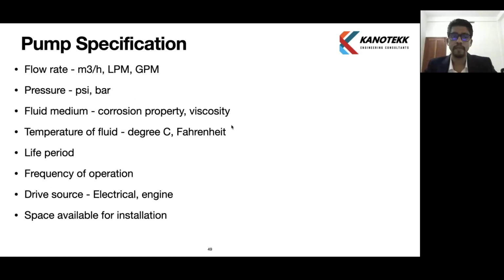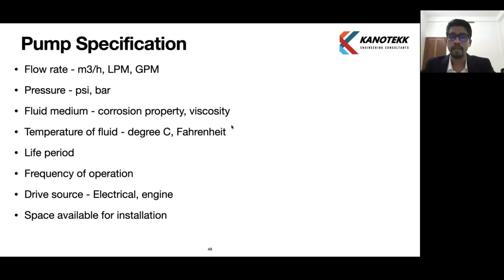Also we need to know the fluid medium, like for corrosion property, viscosity. For selection of a pump, we need to know the fluid medium, how viscous it is. Based on what we discussed earlier, for low viscosity fluids, we prefer centrifugal pumps, and for high viscosity fluids, we prefer gear type pumps or lobe pumps, etc.